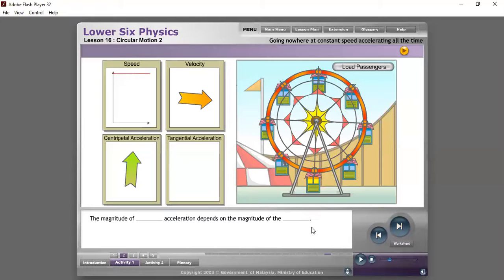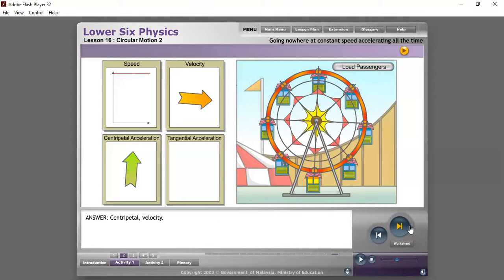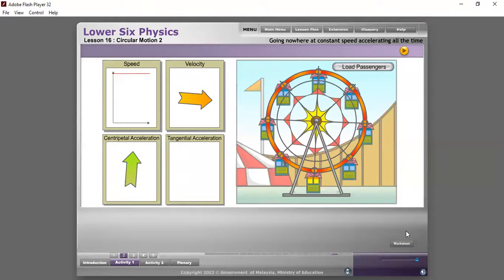The magnitude of blank acceleration depends on the magnitude of the blank. That is the velocity, so centripetal acceleration depends on the velocity. If no velocity, no centripetal acceleration.